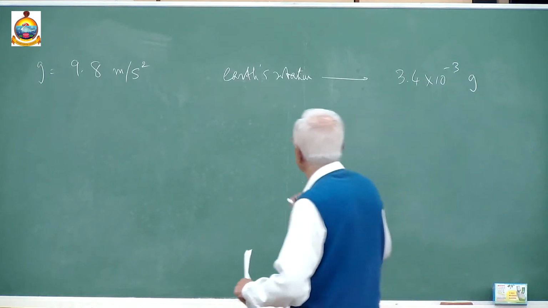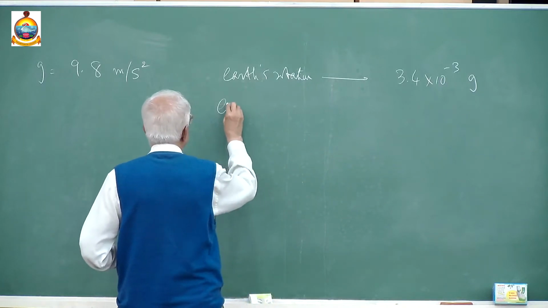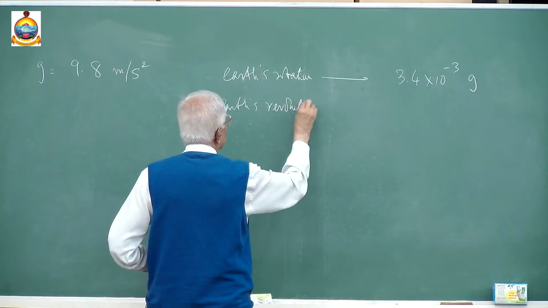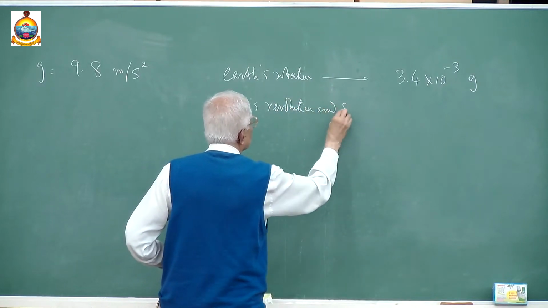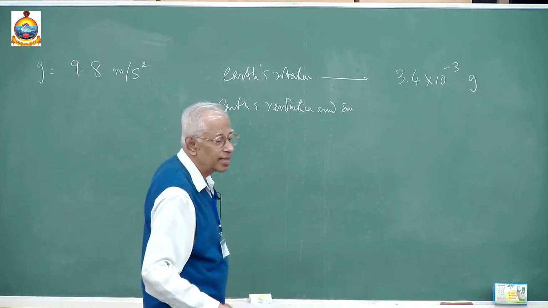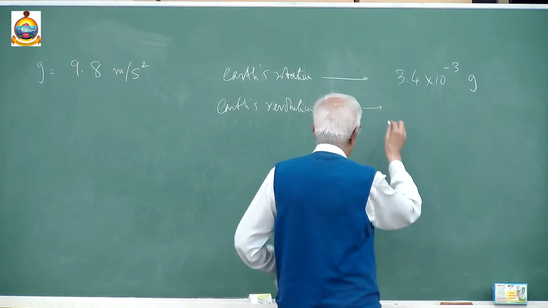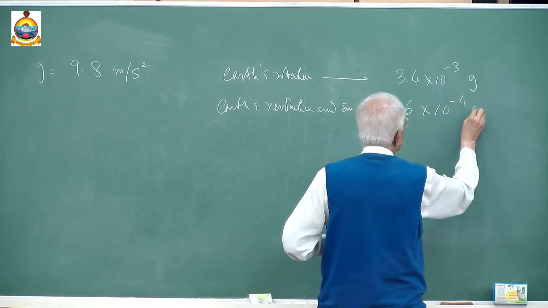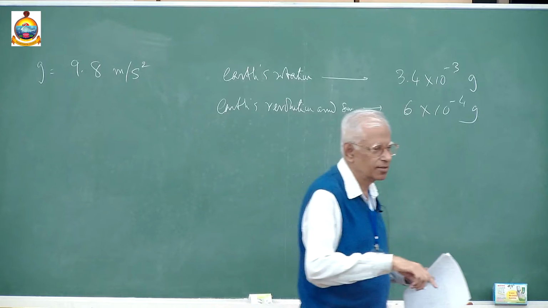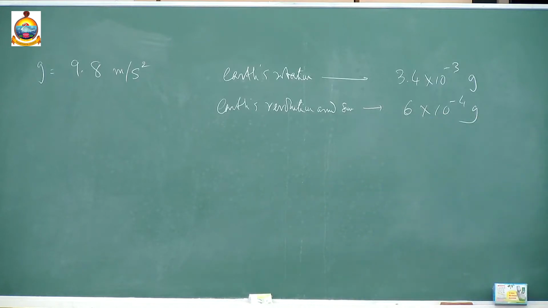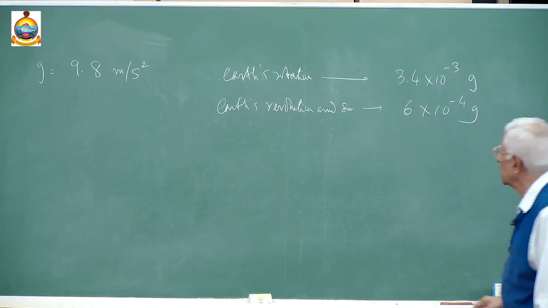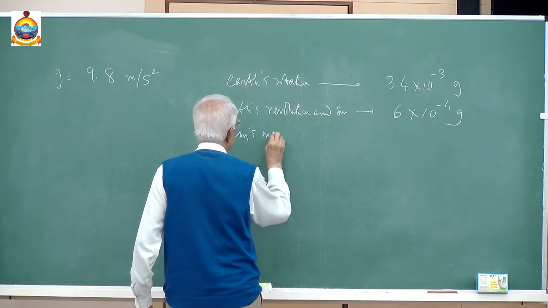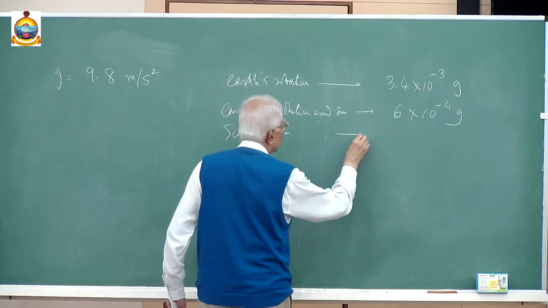Then you go to the next correction, the earth's revolution around the sun. That also causes the frame to be non-inertial. To what extent does this spoil the inertiality? It is 1 order of magnitude less roughly. Okay. Then the third one I mentioned is the sun's motion in the Milky Way.